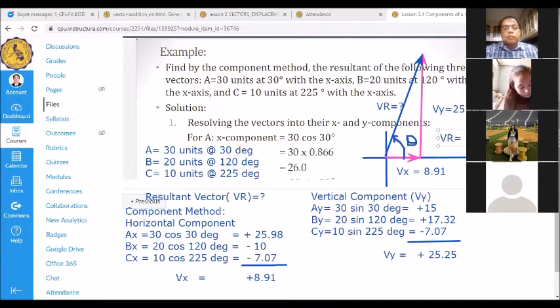So 8.91 squared plus 25.25 squared, and we extract the square root.